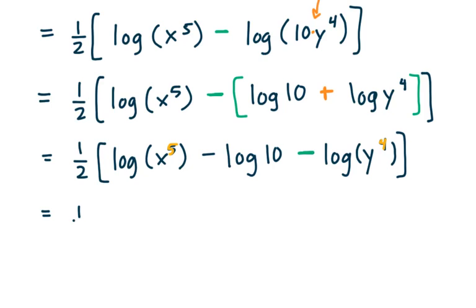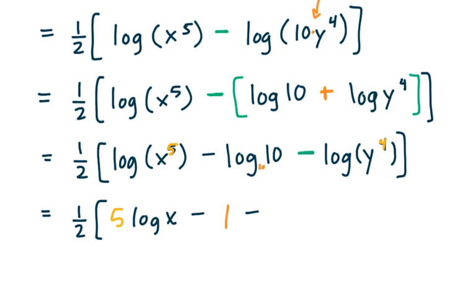So back to using my power rule, I now have 5 times the log of x minus the log of 10, which is going to turn into 1 because that's log base 10 of 10. And when the base and the argument match, the logarithm equals 1.